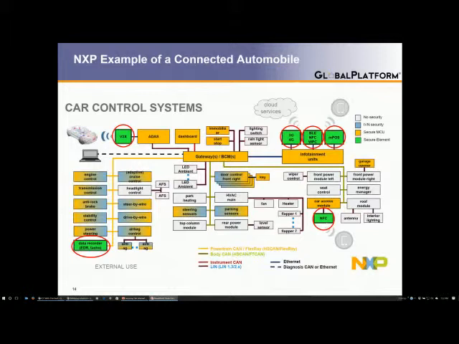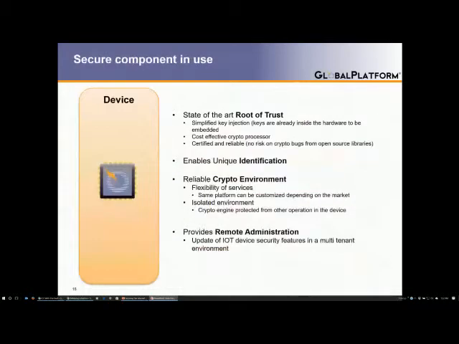So let's go into the secure element a little bit more on what it offers. The secure element by itself is probably best identified as a state-of-the-art root of trust. It has its own keys. It's hardware embedded with the keys. It has a cost-effective crypto processor, meaning that it can run the proper crypto algorithms pretty effectively.